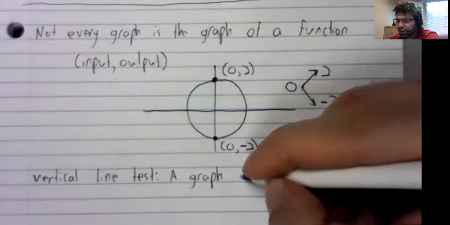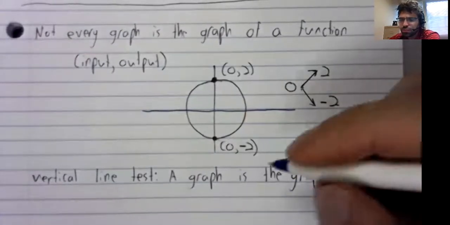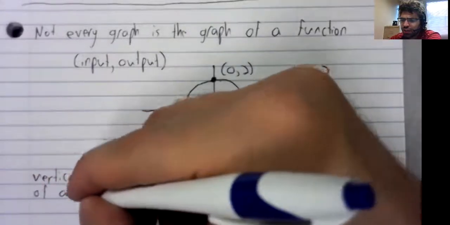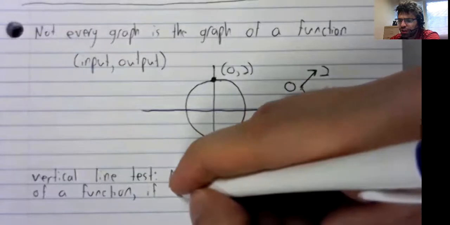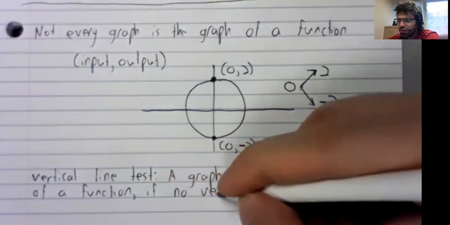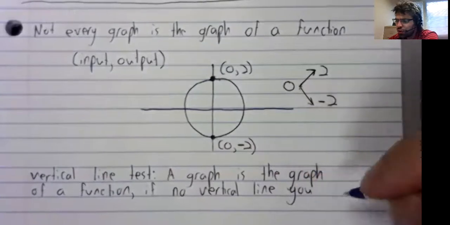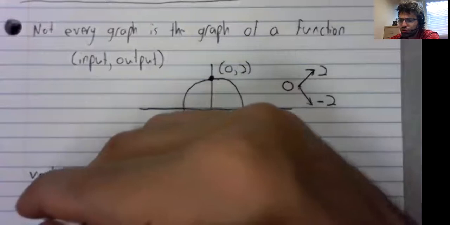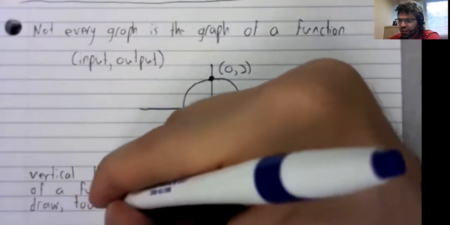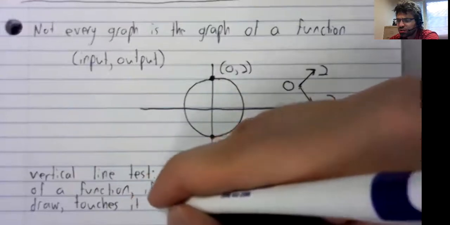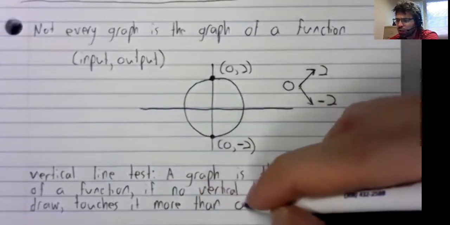A graph is the graph of a function if no vertical line you can draw touches it more than once.